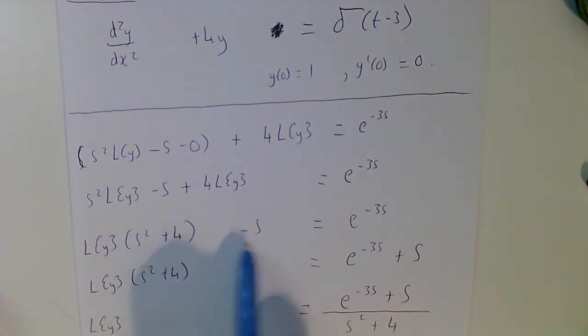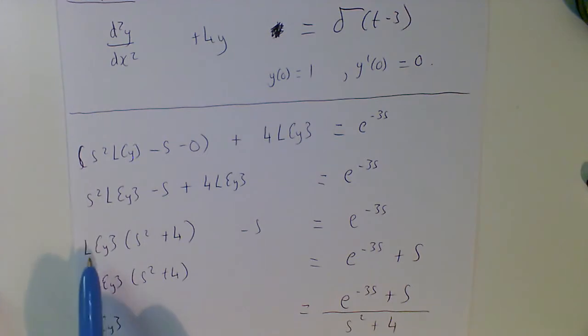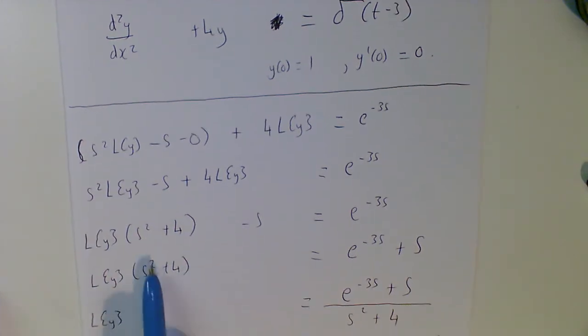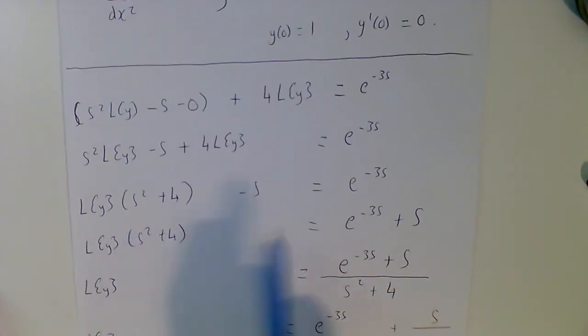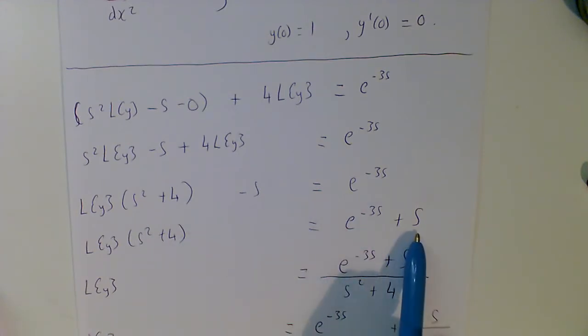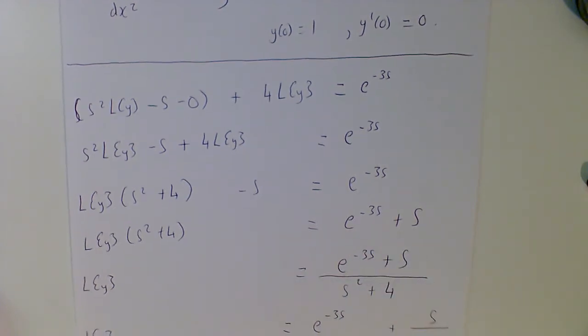That needs to be taken over to the other side because it's not involved in an L of y. So that's what I've done in the next line. I've just taken that s over to the other side and it becomes a plus. Right, so I want L of y, remember, so I've just divided through by s squared plus 4.